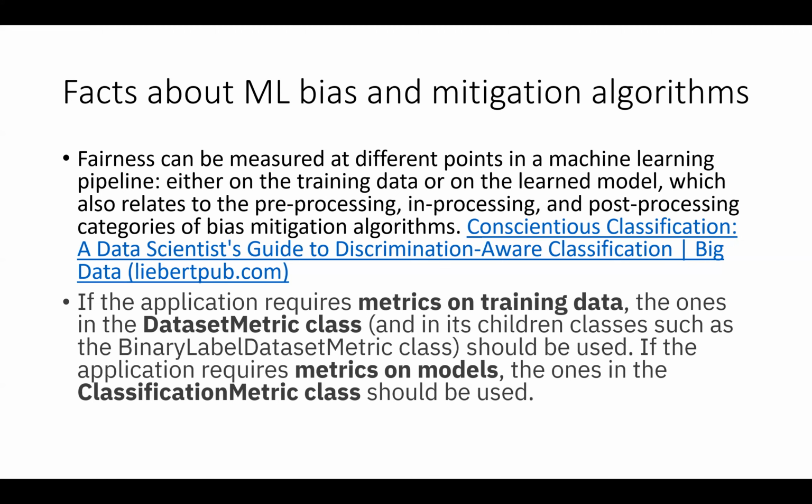Mitigate here means reduce, but the word mitigate is used very frequently. Using these libraries and algorithms, we reduce the bias and make the machine learning model fair. So one more time, we have metrics and mitigation algorithms for the data set, and metrics and mitigation algorithms for model performance.